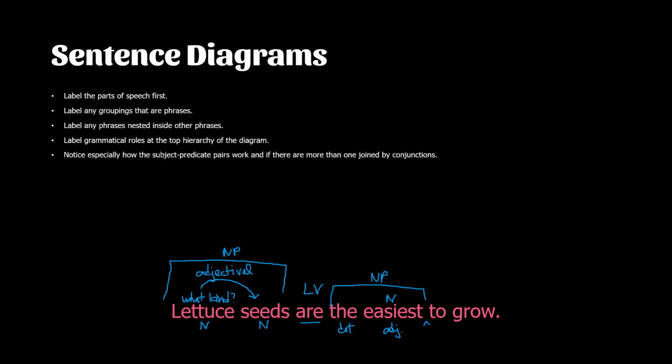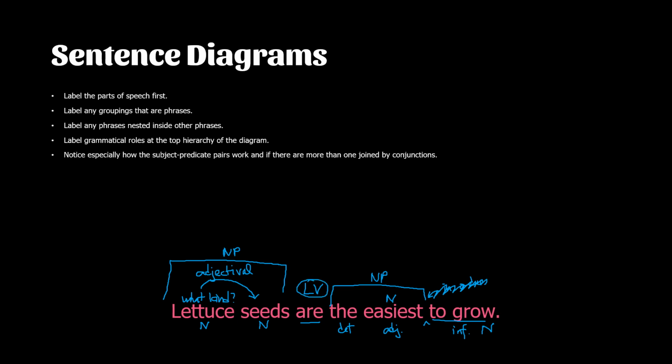What about to grow? So to grow is an infinitive. Can I put in order to here? Lettuce seeds are the easiest in order to grow. Nope, doesn't work. So the infinitive here is not an adverbial; it has to still be a noun. Okay, so we have a complement.